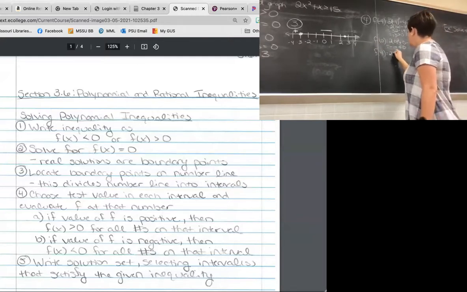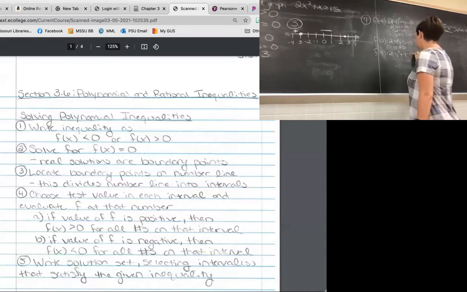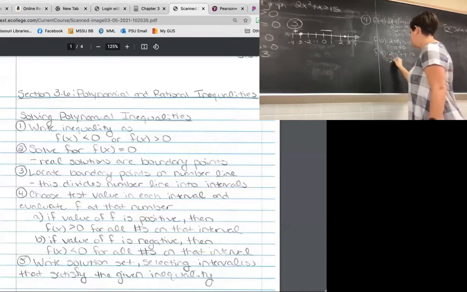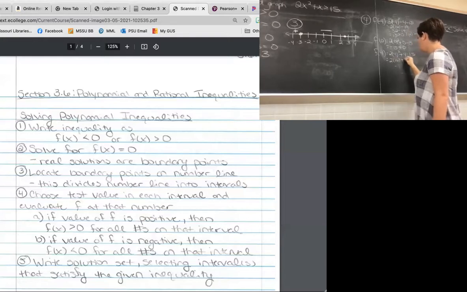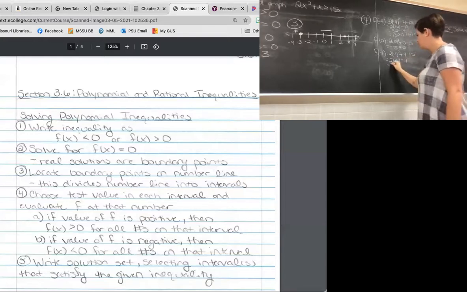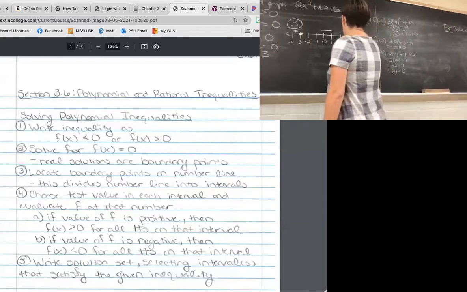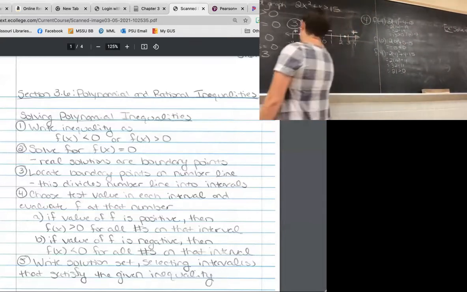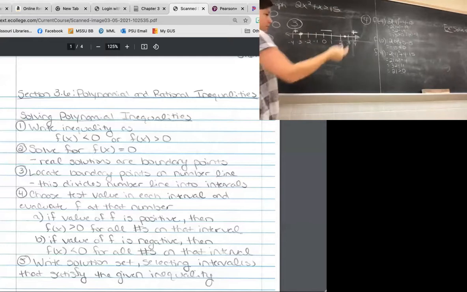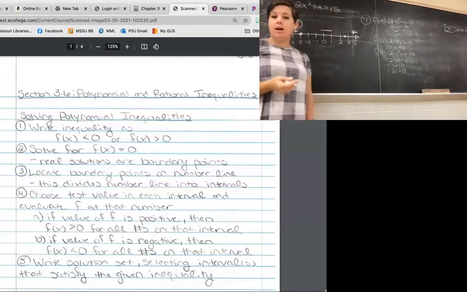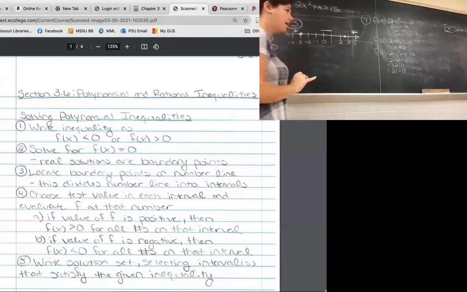So I have 2 times 4 squared plus 4 minus 15. 2 times 16 minus 11. 32 minus 11, and that equals 21, which is greater than 0. So again, I get a positive. Some of you may be wondering, does it always follow a positive, negative, positive pattern? In general, yes. You're not going to have 2 negatives next to each other, and it will follow some sort of a pattern like that.